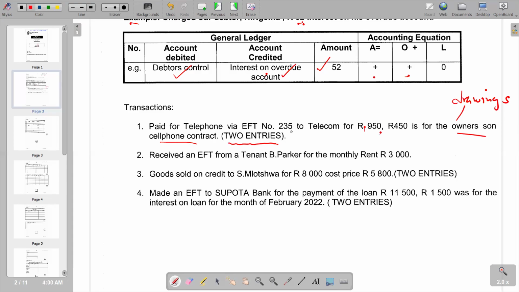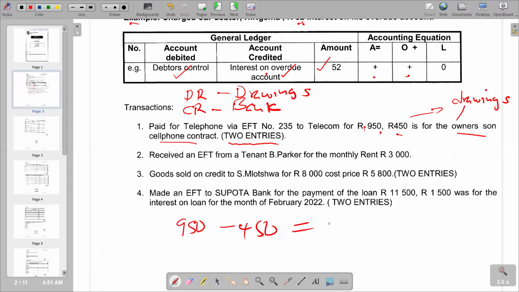So the first double entry indicates our drawings. You are going to debit. Remember, drawings are always debited, so we debit drawings and credit bank. Remember, these drawings are being made through the bank. The second double entry is on the remaining balance, which is 950 minus 450, and you get 500.